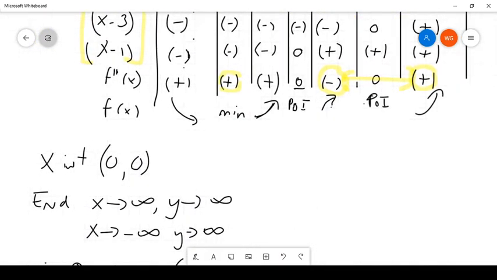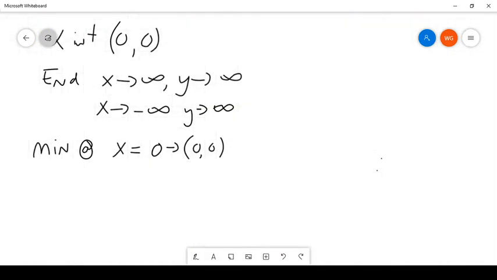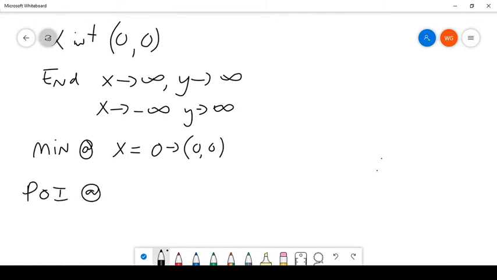So we have a point of inflection, POI, at x equals 1. And if you plug x equals 1 into the original function, the actual ordered pair is 1, 11.